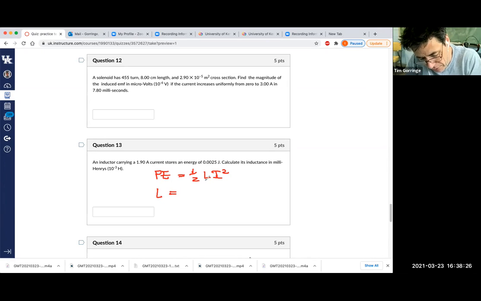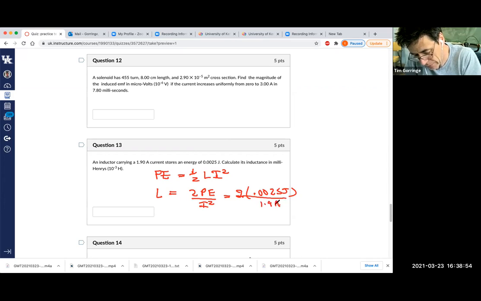So if we multiply this equation by 2 and divide by the current squared, we're going to get that the inductance is twice the potential energy divided by the square of the current. We can plug in the potential energy, 0.0025 joules, plug in the square of the current, that's 1.9 amps squared.